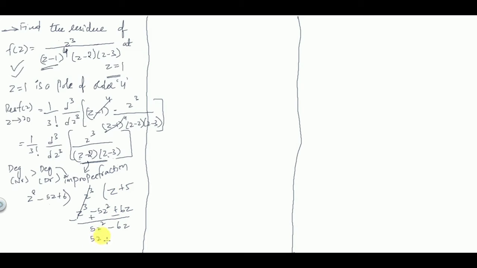Again plus 5, so you'll get 5z² − 25z + 30: 5z multiplied by −5 is −25z, and 5 multiplied by 6 is plus 30. So you'll get 19z − 30, and this is the remainder. So z³ divided by (z − 2)(z − 3) can be written as the quotient first, z + 5, plus the remainder (19z − 30) divided by the denominator.